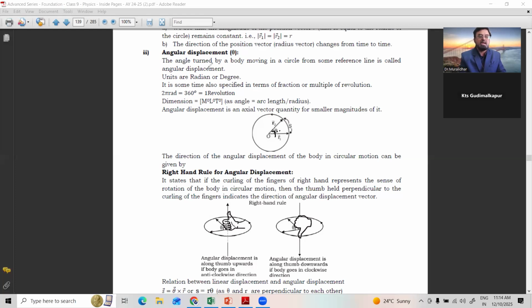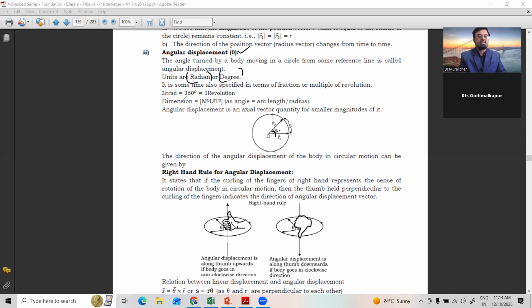So the angle turned by the moving body in a circle from some reference line is called angular displacement, which is measured in units of radian or degree. We can convert radians into degrees, right? We already learned in the first chapter, mathematical physics.